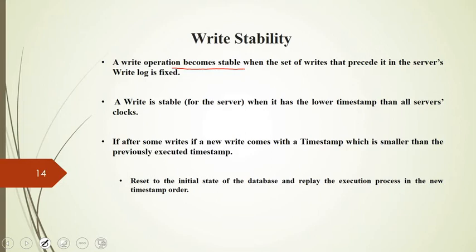A write is stable when it has a lower timestamp than all the servers. If after some writes, a new write comes with a timestamp which is smaller than the previously executed timestamp, in this situation we have to reset to the initial state of the database and sequentially replay the transactions in timestamp order.